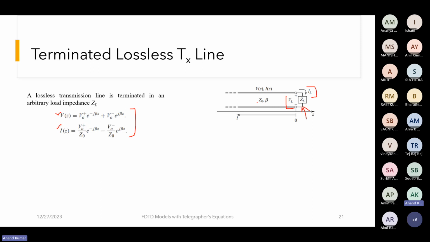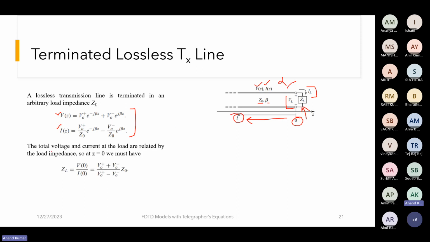The transmission line has characteristic impedance Z0 and propagation constant beta. This is lossless, so there is no alpha, and V(z) and I(z) are the voltage and current values at any point on the transmission line. The load is located at z equals 0, and we move in the negative direction of z, and any location is represented by l.